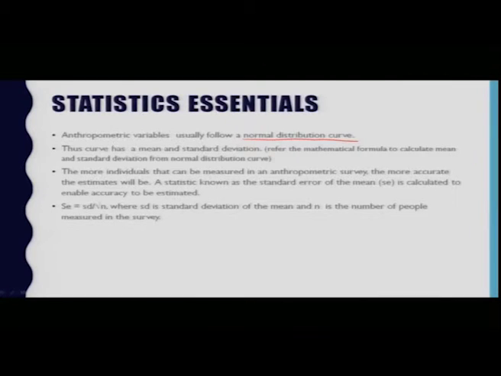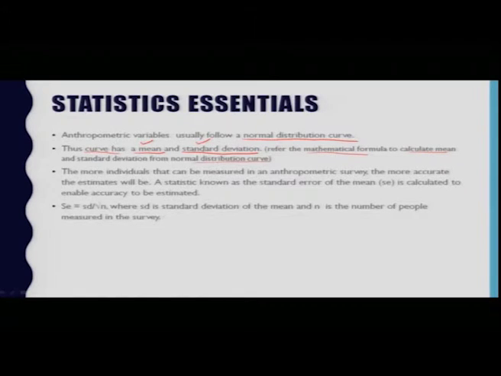This curve has a mean and a standard deviation. I will speak about the formula with which we can calculate them; there is a mathematical formula to calculate mean and standard deviation from the normal distribution curve.